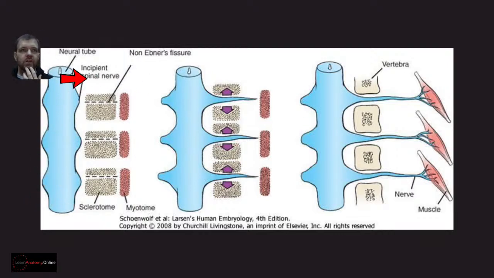This is a nice visual of that. We've got the neural tube here. It starts off like a line. We've got the developing vertebra, and then the nerve roots will start to creep out because they're attached to the muscles, and they'll get dragged with the muscles as they grow.